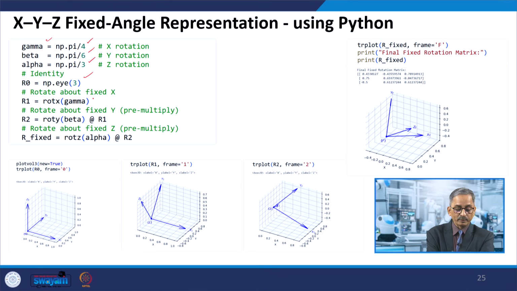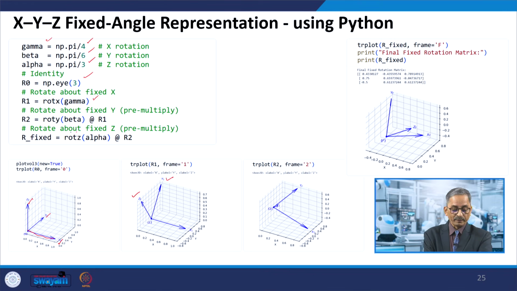Next I perform rotation about x by gamma. So, here I am performing rotation about x by say gamma, okay, that is pi by 4. So, this my y0 and z0 turn because I am performing rotation about this axis. So, this is the changed position, and the new positions are represented by y1, z1.